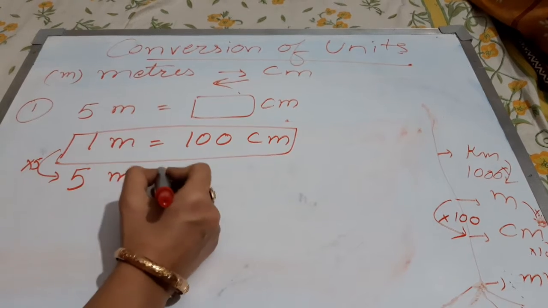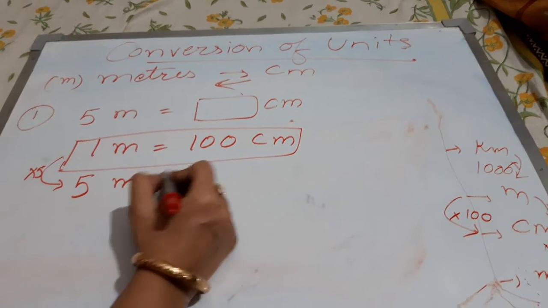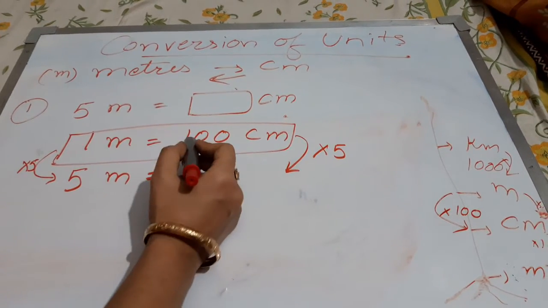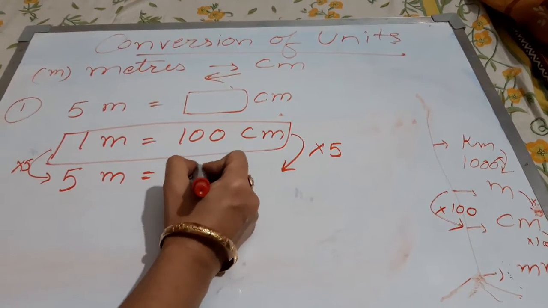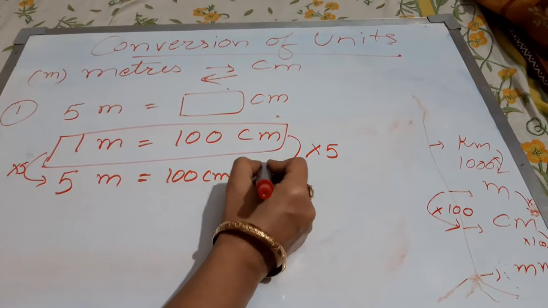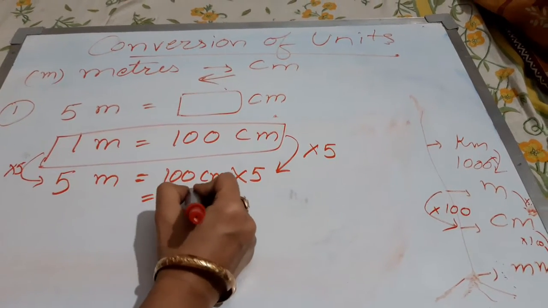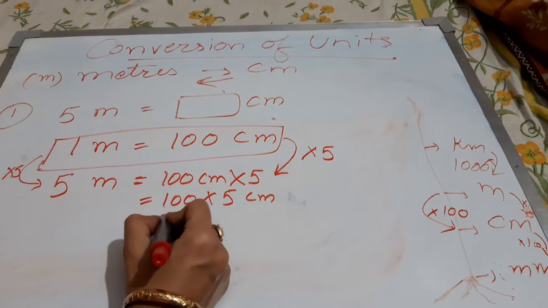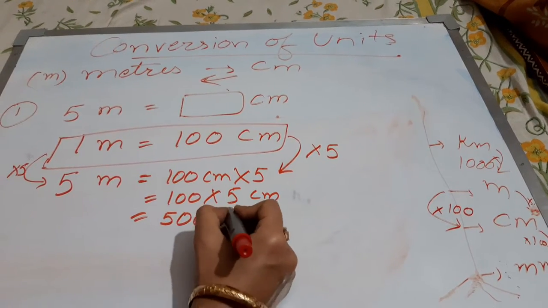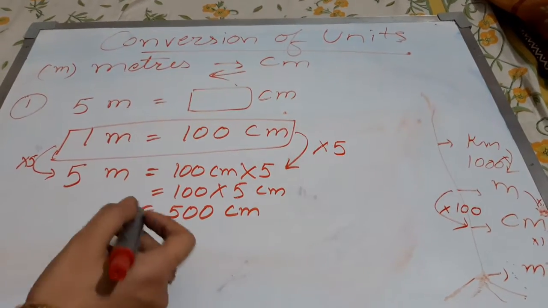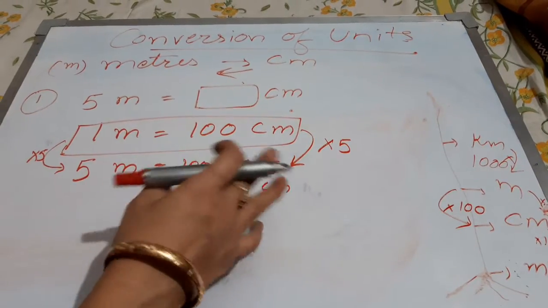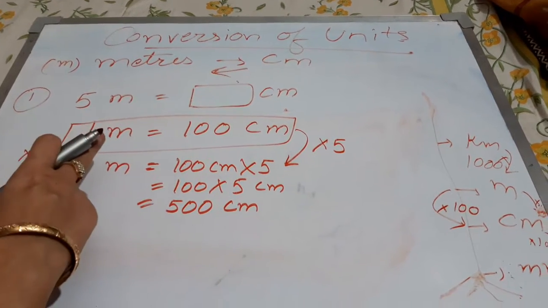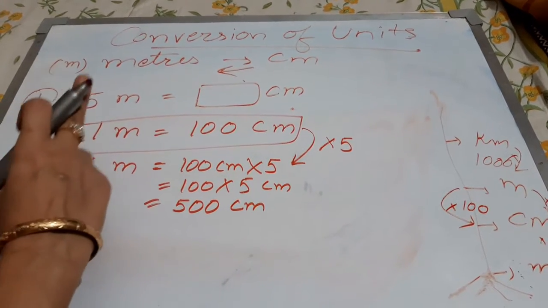So in case I want this to hold true, I'll have to multiply the other side also by 5. So 100 centimeters multiplied by 5 gives 100 into 5 centimeters. 5 ones are 5 and then add zeros at the end: 500 centimeters. I hope both the methods are clear to you, and you will not face any problem in solving conversion problems of meters to centimeters.